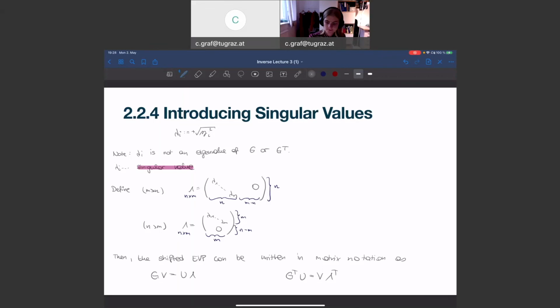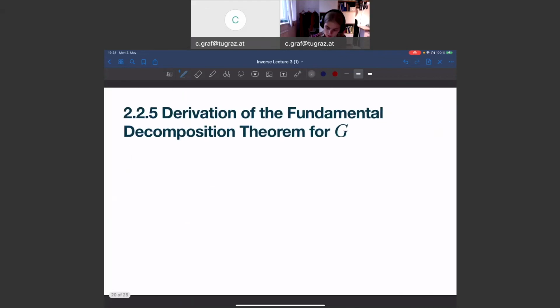Last thing for today, we would like to derive something like a fundamental decomposition theorem for the non-square matrix T. Let us shortly recall what we did in the square case.